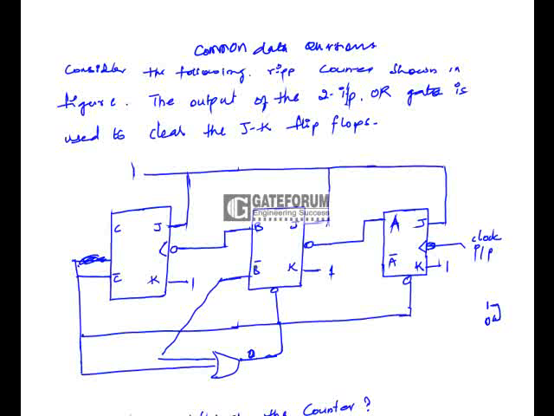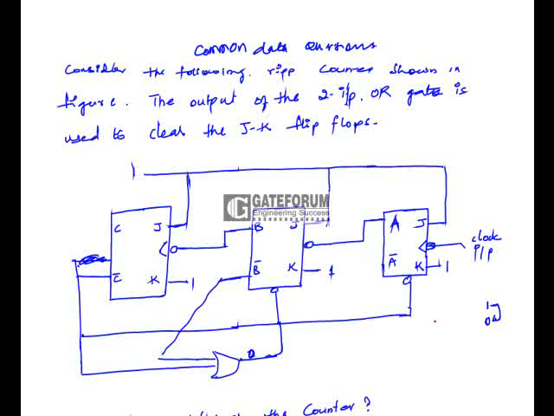The output of the OR gate is 0 when both its inputs are 0. That means B bar and C bar should be 1 in order to activate this. When this activates, the counter will be reset.